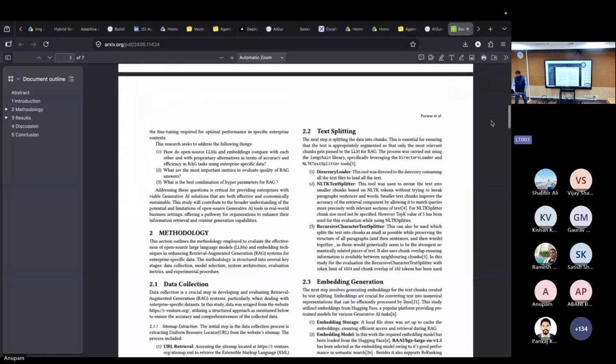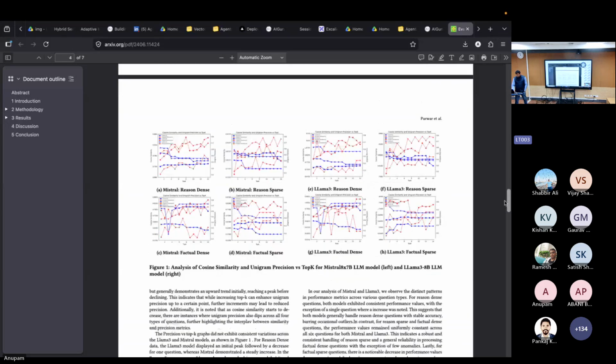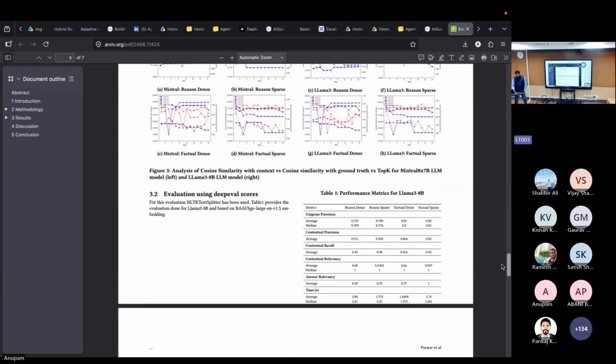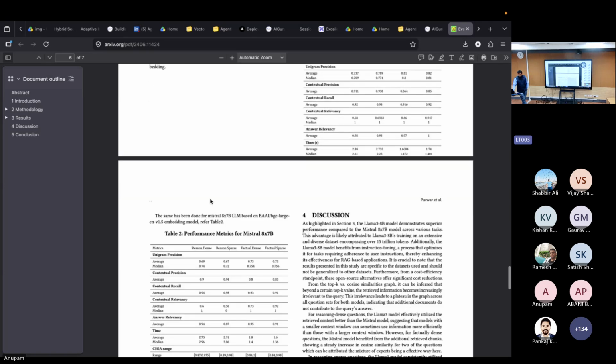Here what we demonstrated is that you may have lots of metrics. These are some of them, coming from the Ragas framework. You have all these metrics.